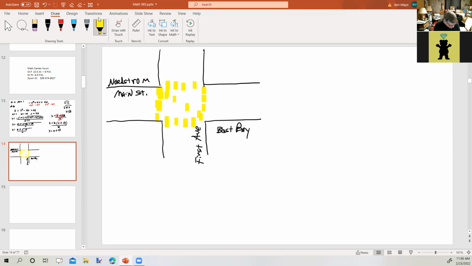Instead of using the Main Street and the First Avenue crosswalks to get from Nordstrom's to Best Buy, a shopper uses the diagonal crosswalk to walk 97 feet directly from one corner to the other. Okay, so they're saying that this diagonal is 97 feet.